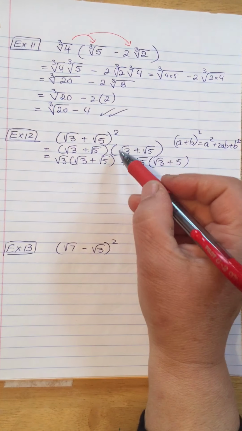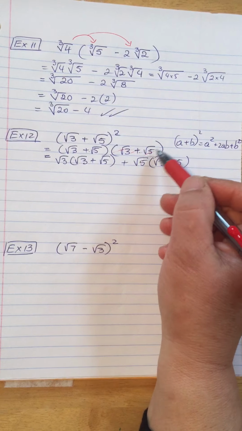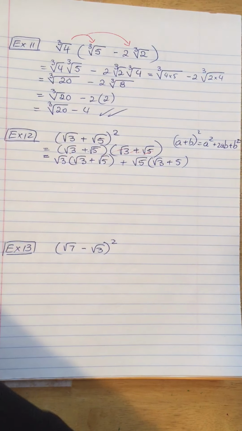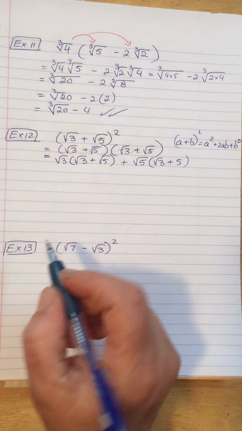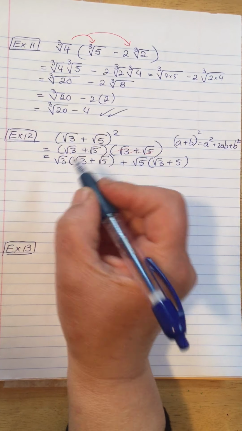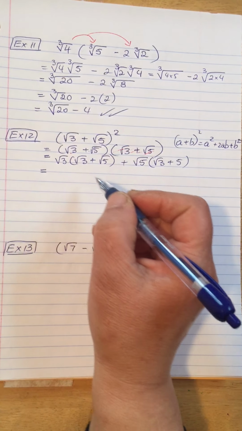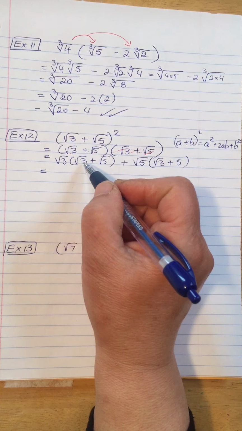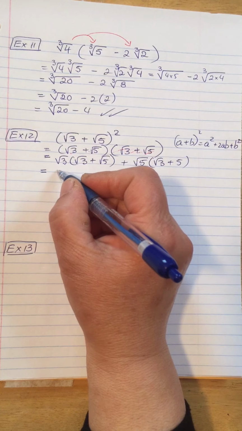Okay? So the first with the second quantity, the second with the second. You know this is distribution property. And now let me go. What I have here? I can multiply here. 3 times 3 is 9.